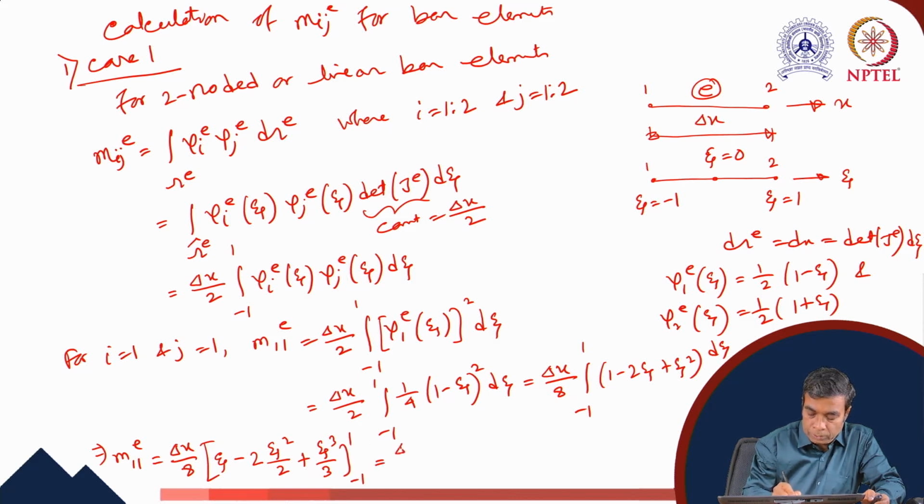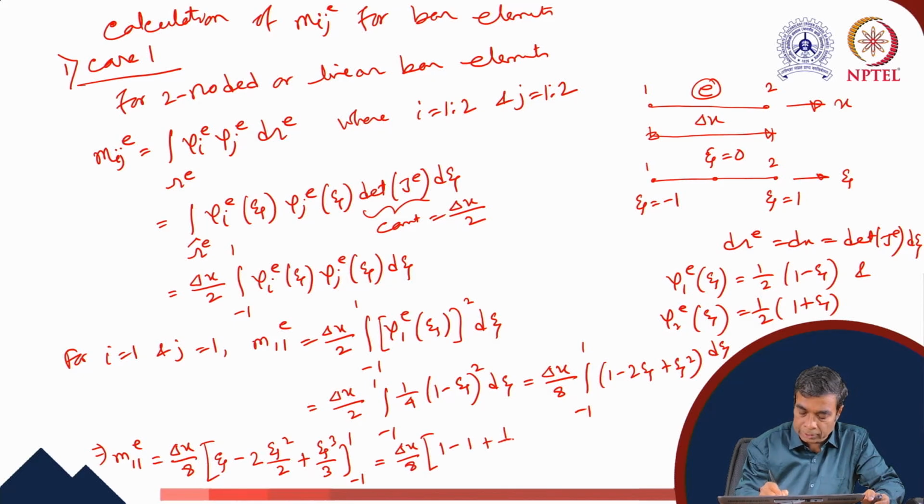This reduces to delta x by 8. Then we have 1 minus 1 plus 1/3 minus, here we have -1 minus 1 minus 1/3.